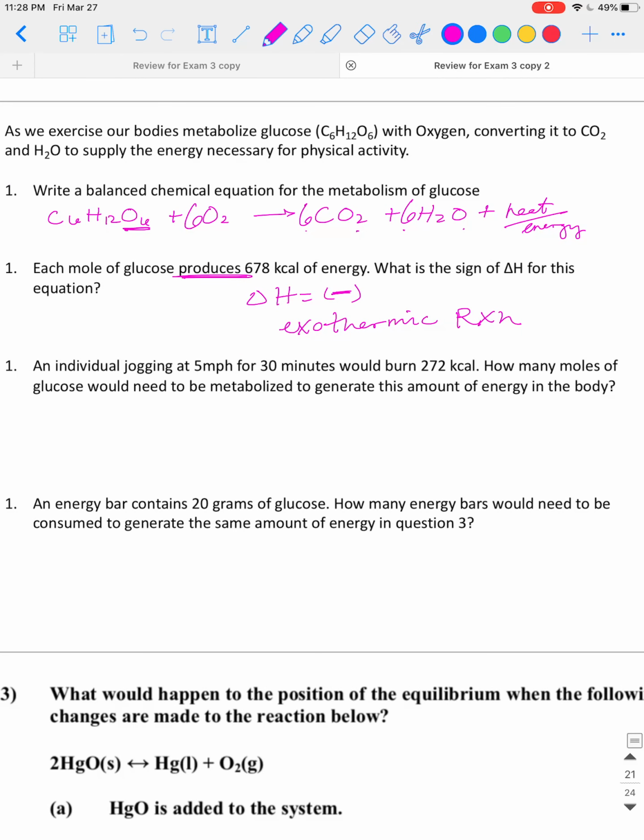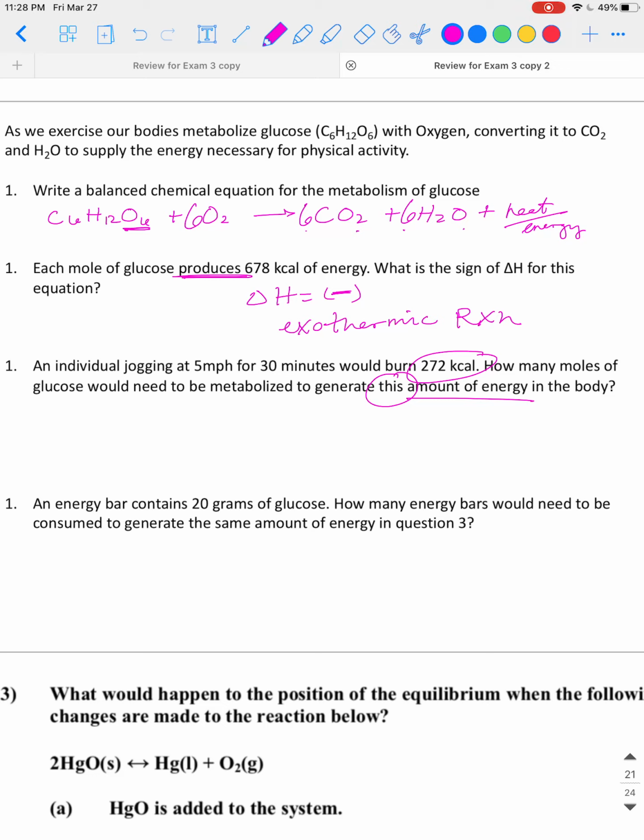Okay. Next, it says an individual jogging at 5 miles per hour for 30 minutes would burn 272 kilocalories. How many moles of glucose would need to be metabolized to generate this amount of energy in the body? It says this amount of energy. What amount? 272 kcals.